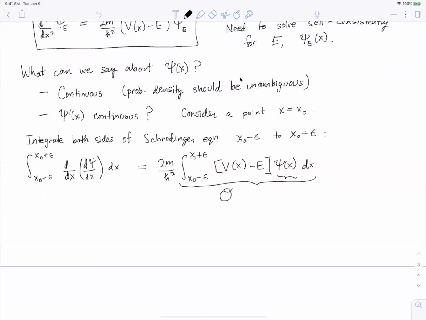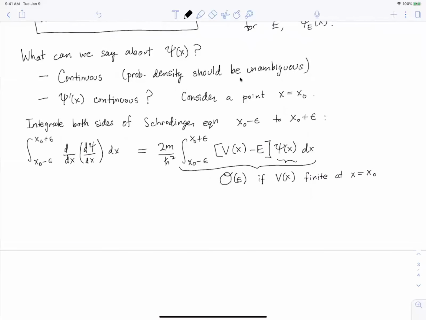So this is going to be of order epsilon if v of x isn't doing anything weird, in particular if it's finite. Notice I'm not necessarily assuming it's continuous, just that it's finite. Even if it's discontinuous, as long as it doesn't get super big or diverge, then the right-hand side is going to be of order epsilon.